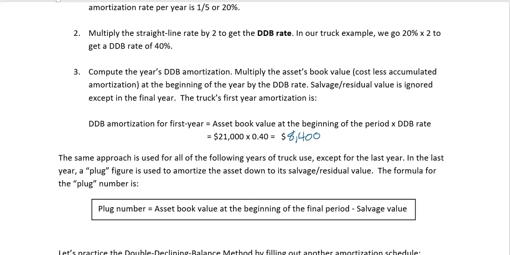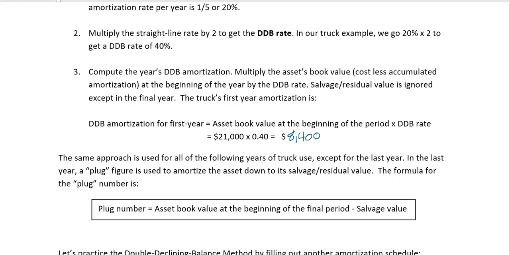The same approach is used for all of the following years of truck use, except for the last year. In the last year, a plug figure is used to amortize the asset down to its salvage value. The formula for the plug number is asset book value at the beginning of the final period minus salvage value. So this formula is a little bit misleading.